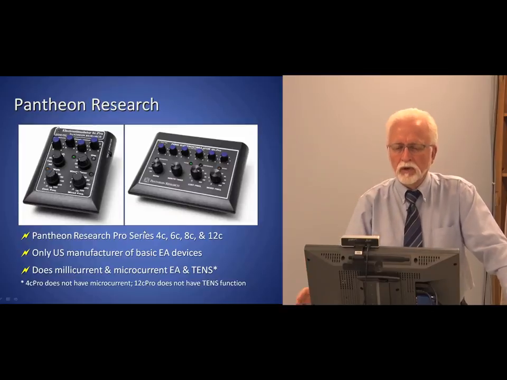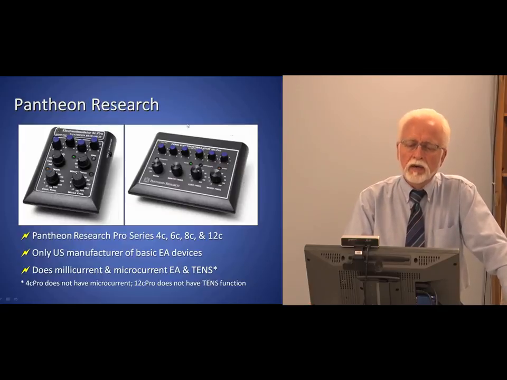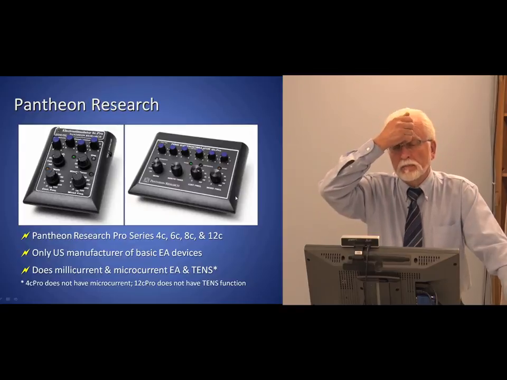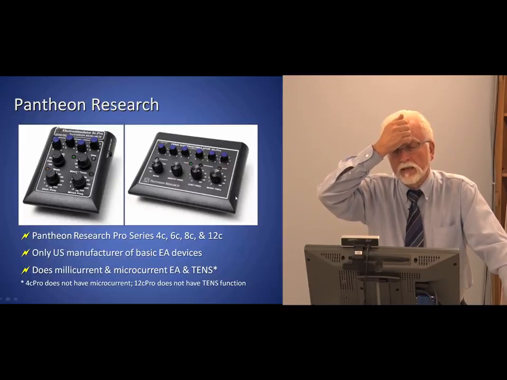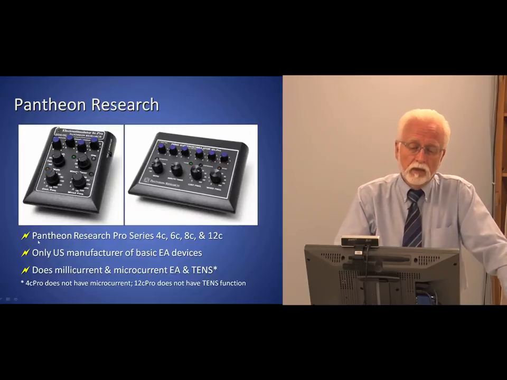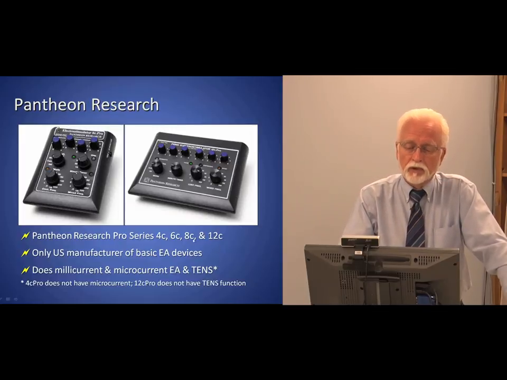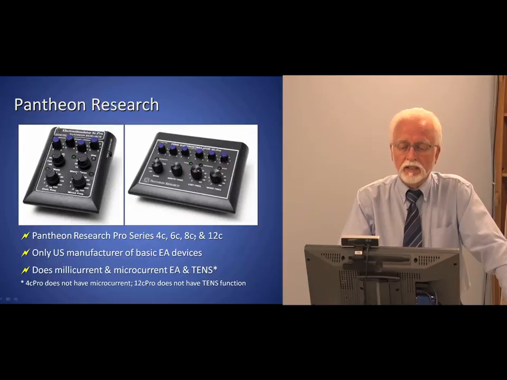The 12C Pro, the larger unit you see here, I think is around $600. But a very capable machine, more than most people would need, I think, unless you're working with neurology patients. But most people could do just fine with one of the 6 or 8C Pro units.